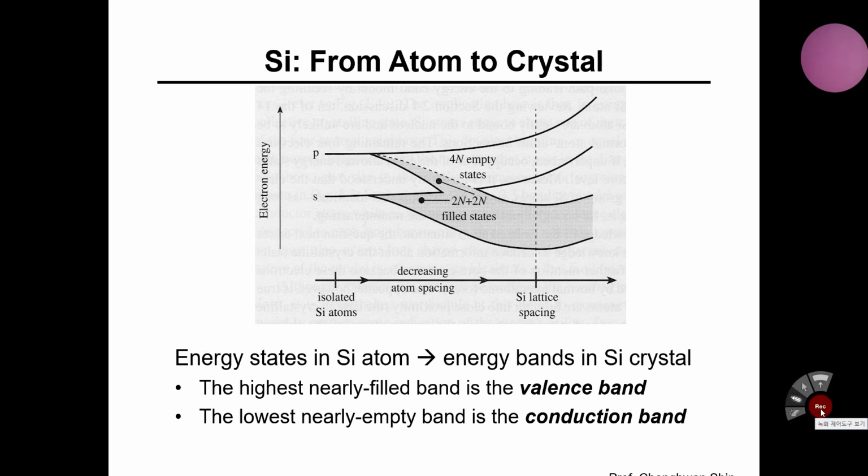So please try to read chapter 2 as much as possible and think about how the electrons and holes are created in a crystalline silicon material. Then try to follow up the next movie clip.